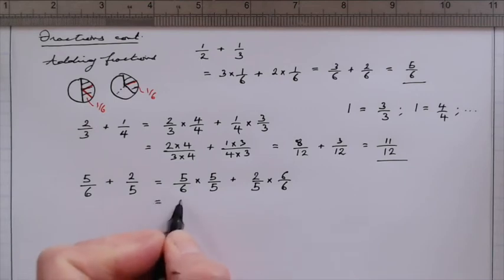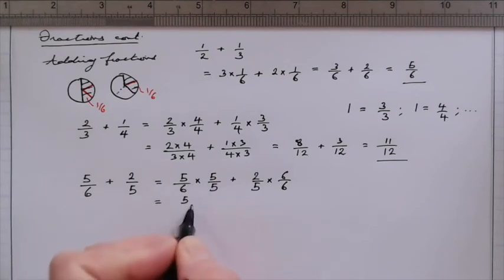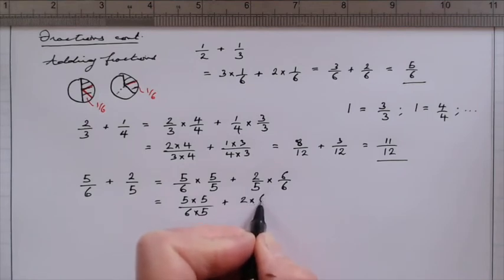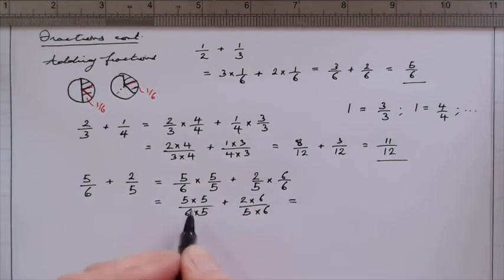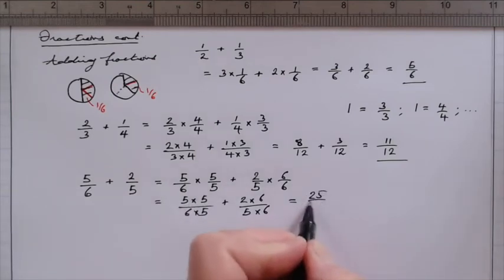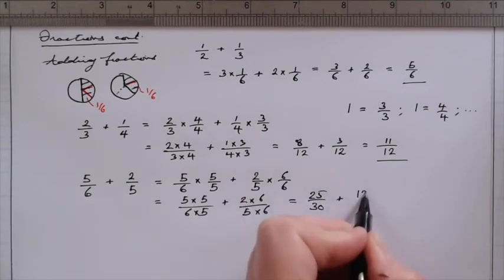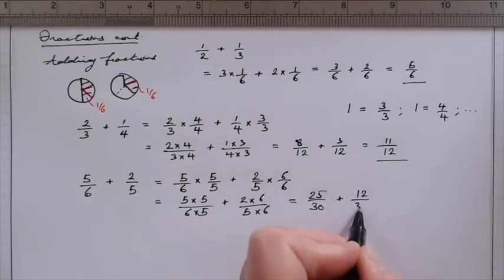So let's do it step by step. So we're multiplying fractions here, 5 times 5 over 6 times 5. I'm multiplying fractions here, 2 times 6 divided by 5 times 6. Do the products here, so that's 25 over 30 plus 12 divided by 30.